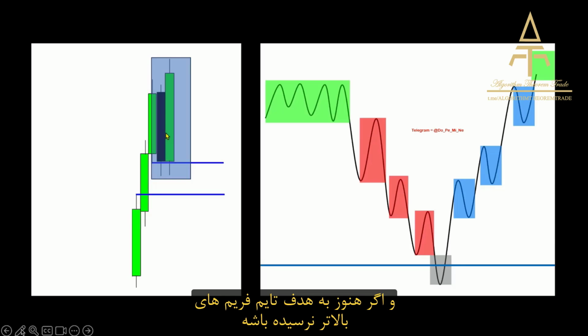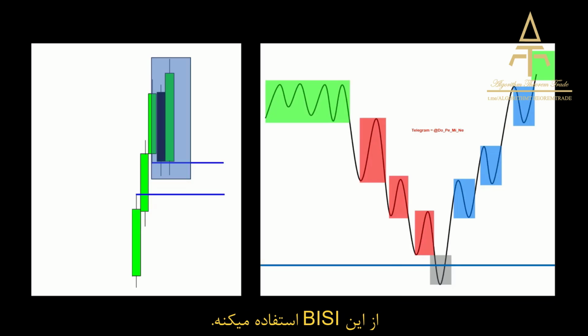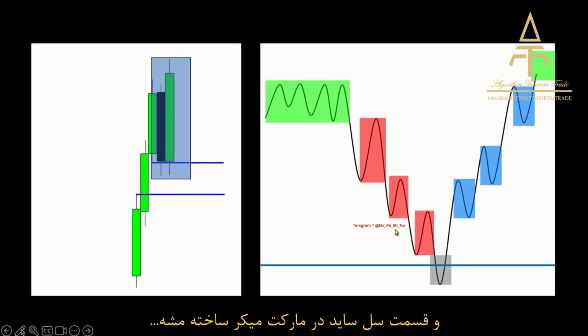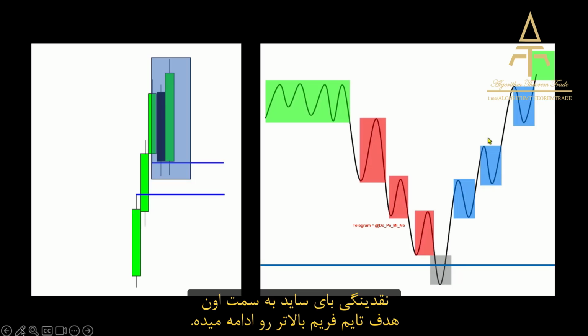And if the market did not reach the high time frame objective yet, that BC will be utilized to send price higher. So the market will retrace into that over sell side of the curve on the lower time frame market maker buy model, reach that BC, and then from there on continue higher, targeting buy side liquidity and drawing towards that higher time frame objective.